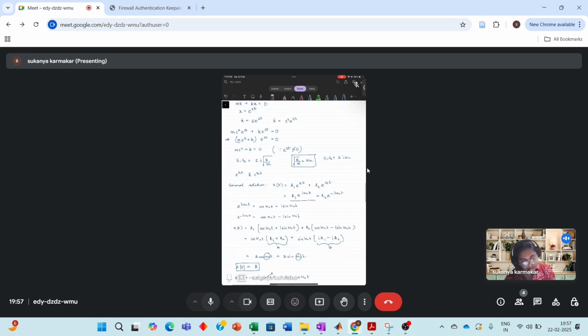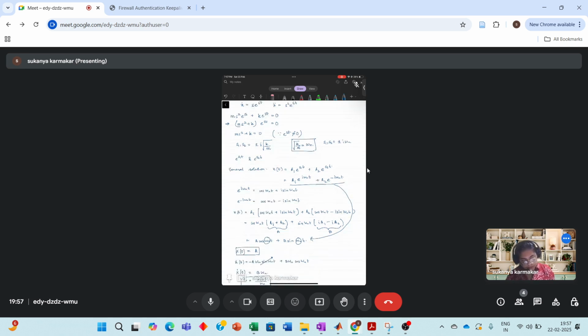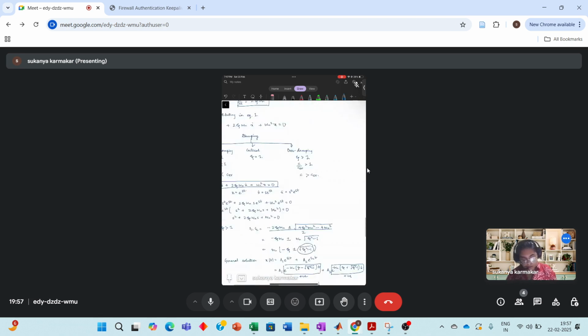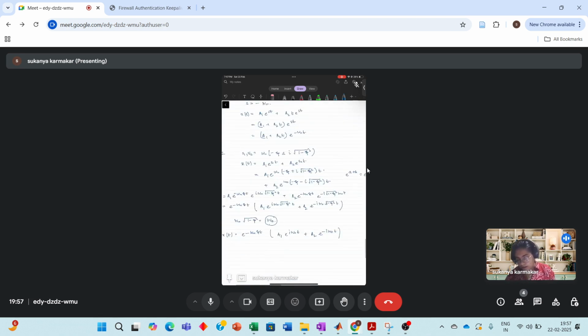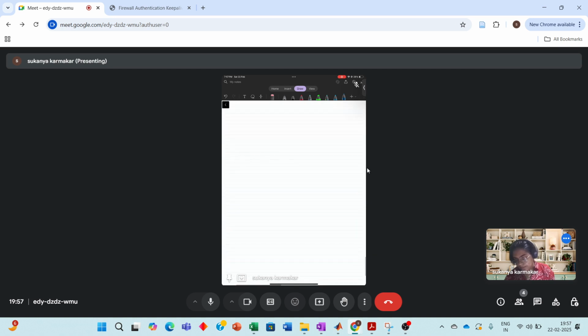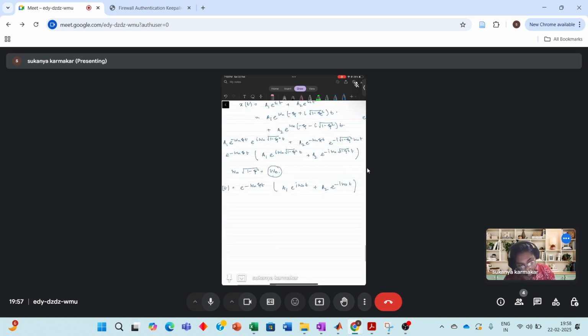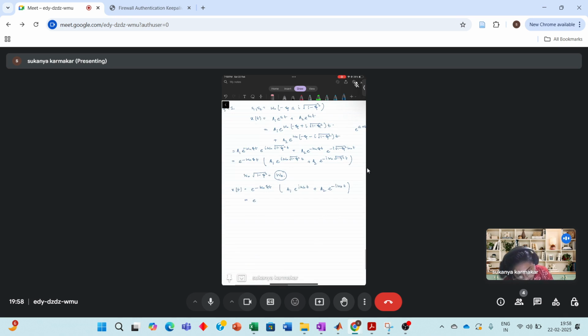We started with a solution of this form, and we said that this can also be written as a cos omega n t plus b sine omega n t. So let's use this fact here: e to the power minus omega n zeta t times a cos of omega d t plus b sine of omega d t.